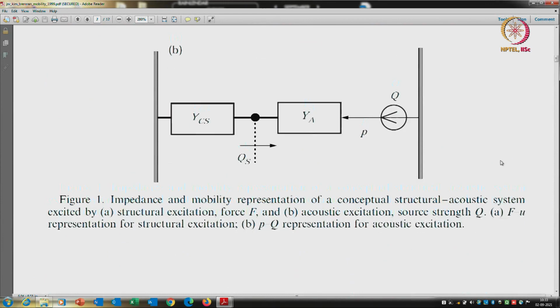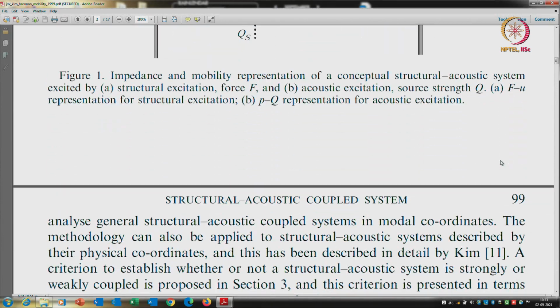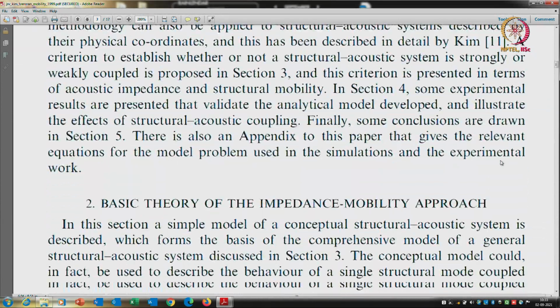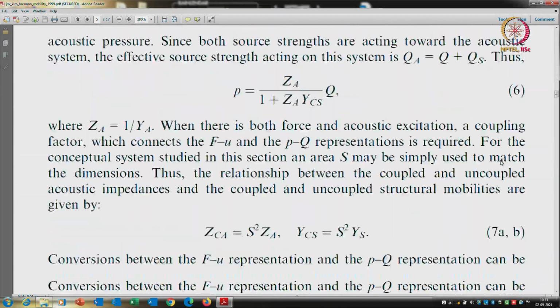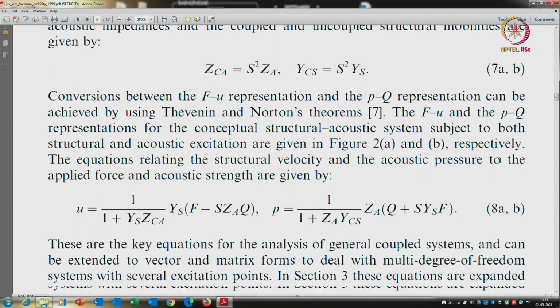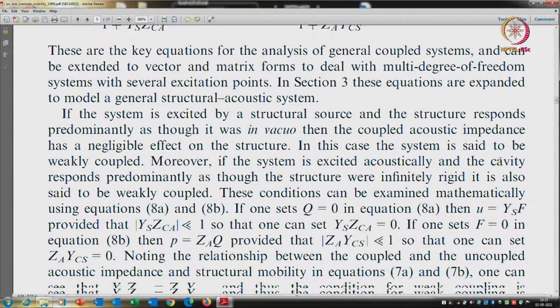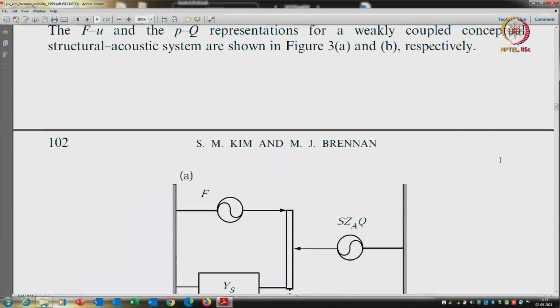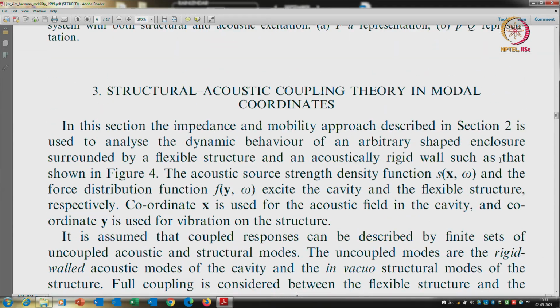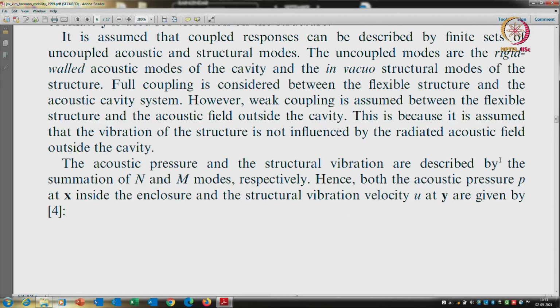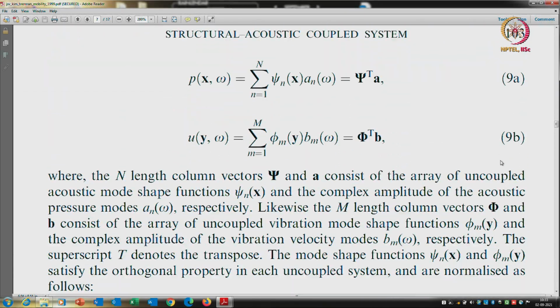So this is the initial mobility and impedance part that I have described. You should be able to read the paper now. Then some initial definitions.